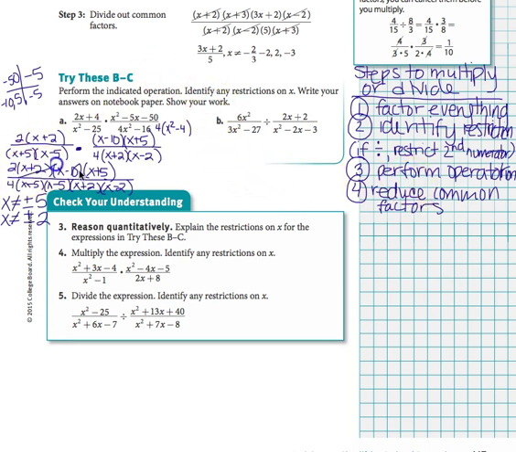So x plus 2 cancels with this x plus 2. This x plus 5 cancels with that x plus 5. The 2 and the 4 also reduce. 2 goes into 4 twice, so this becomes a 2, and that cancels. So all I've got left is an x minus 10 in the numerator, and in my denominator, I've got the 2, an x minus 5, and an x minus 2.